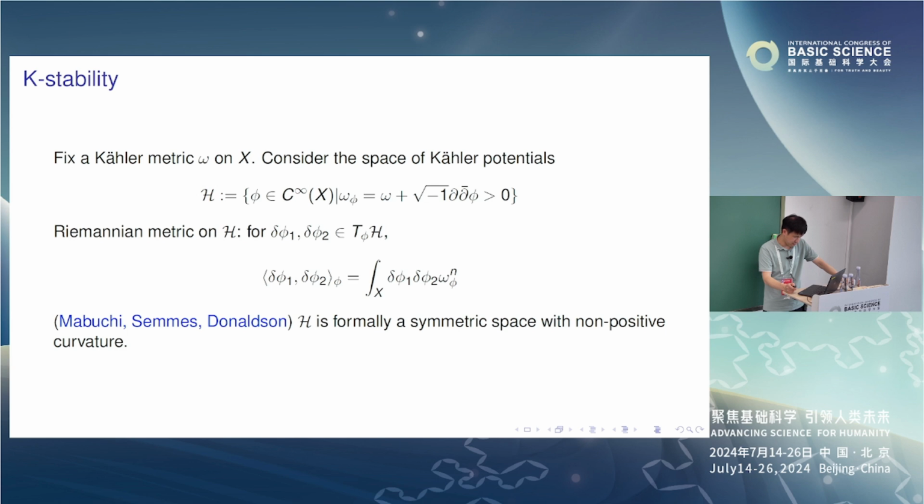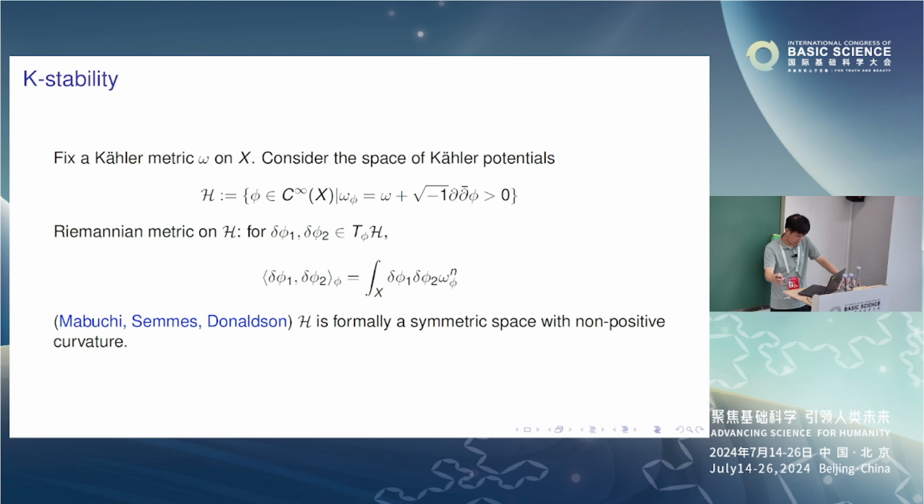You take two tangent vectors at this point, and the inner product is defined using the L2 inner product with respect to the volume measure of omega phi. By Mabuchi, Semmes, and Donaldson, you can formally calculate the curvature tensor: this is a symmetric space with non-positive curvature. It should be viewed as G-complexified mod G, if G is a compact group.